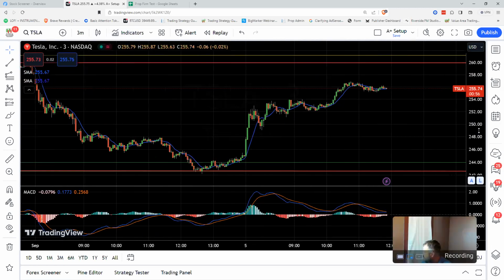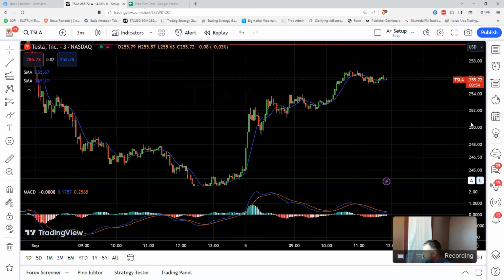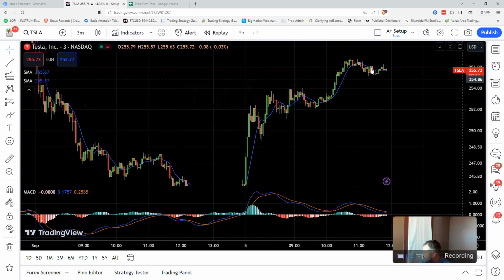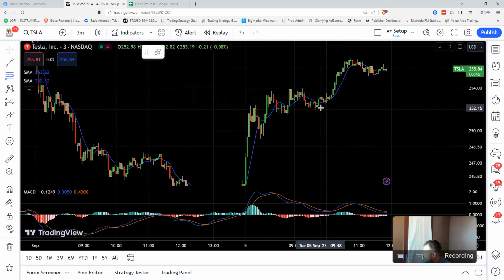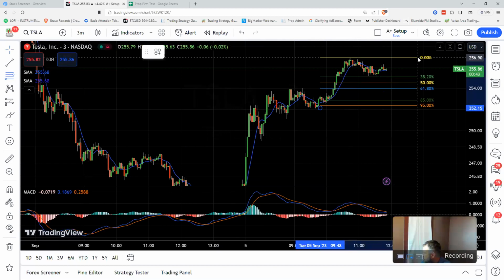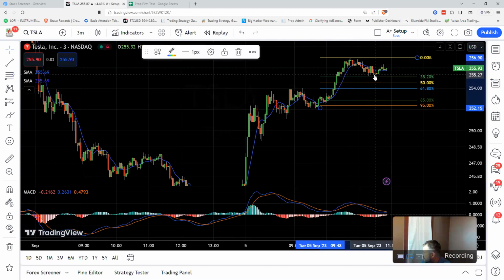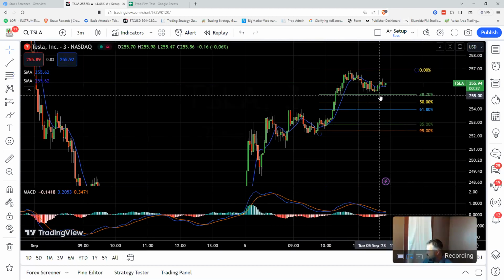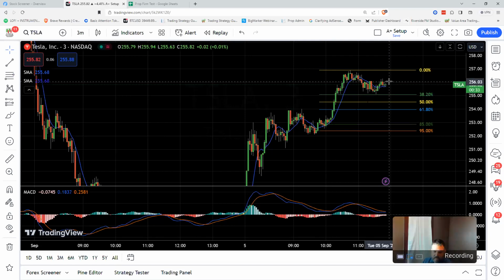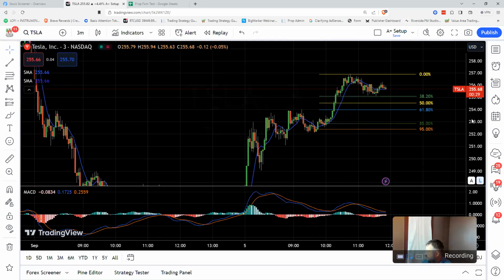When you're doing a day trade like this, sometimes you can't force a trade, but you can see it pull back. We had the fib. We went from swing high to swing low to swing high. It hit the 38, and then it bounced. This is just a 3-minute chart, but you can see it bounced really nice off of there at 255. On a 3-minute chart, it works. It works good on the higher time frames too.